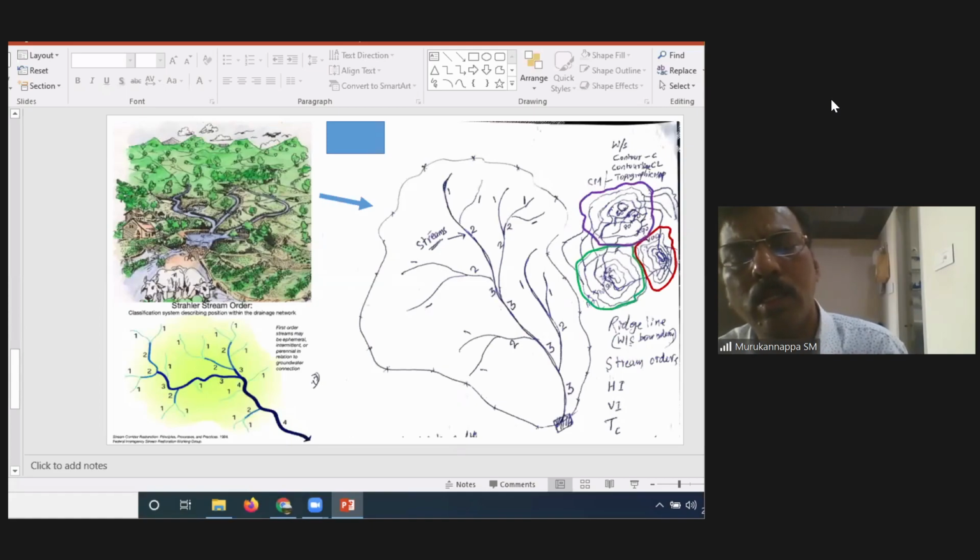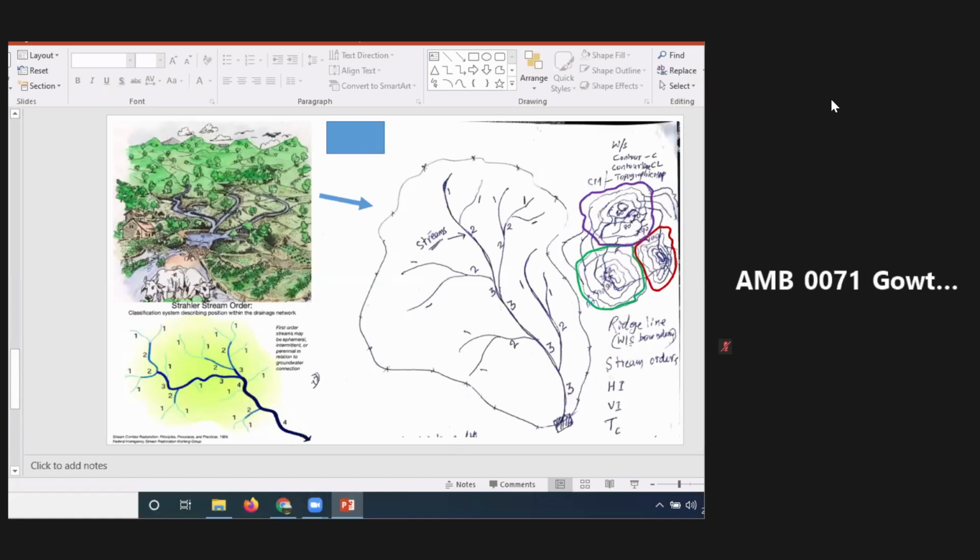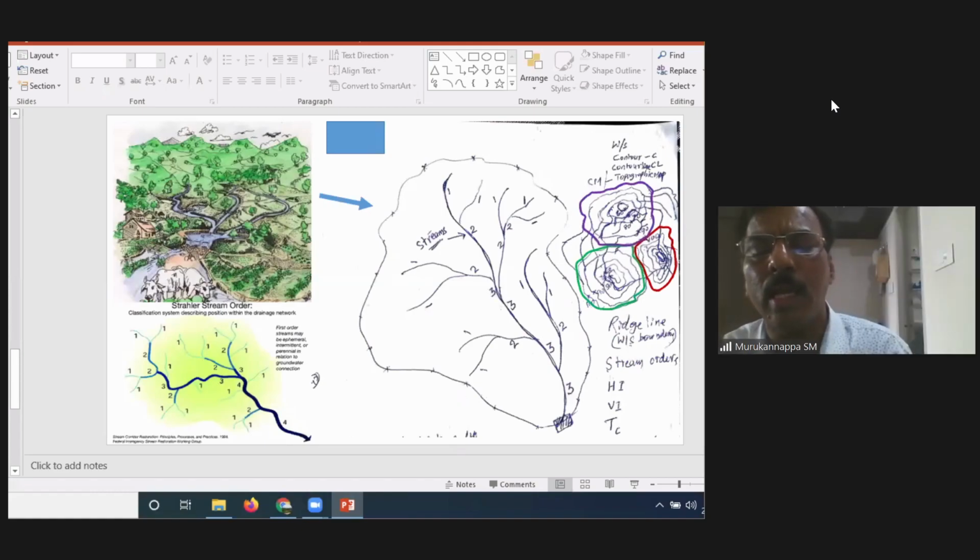On the left hand side you can find one more smaller order 1 and another order 1, two streams together forming one higher order, that is 2. The order 2 and 2, the same order, together form the higher stream order number 3. Is it clear, all of you? Yes, sir. This is how you order the streams in a given catchment area. Okay? Clear?